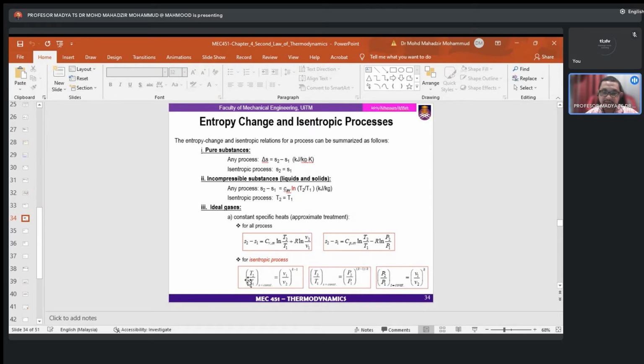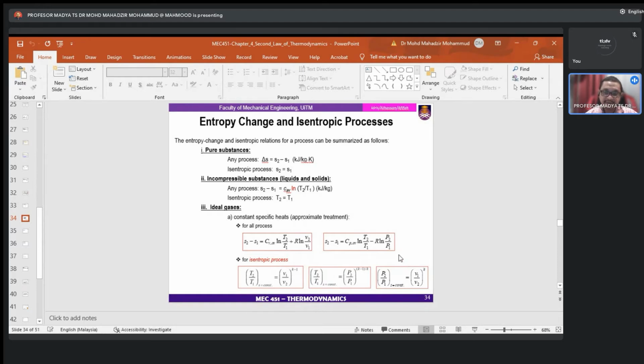The ratio of temperature is equal to the ratio of specific volume powered by K minus 1. The ratio of temperatures is equal to the ratio of pressure powered by K minus 1 over K, and also the ratio of pressure is equal to the ratio of specific volume powered by K. So these are all the relationships you can use when you want to do calculations based on ideal gases for isentropic processes.